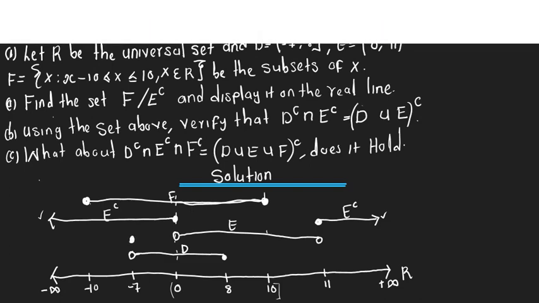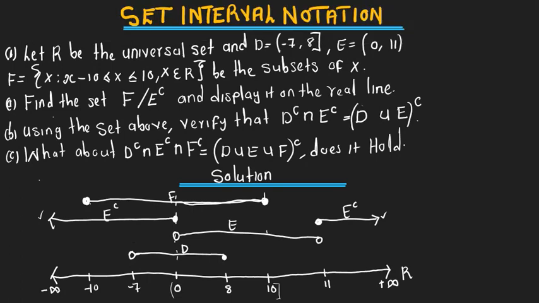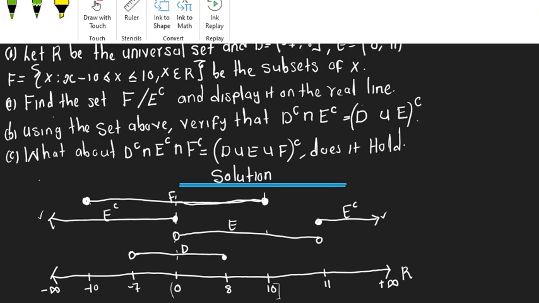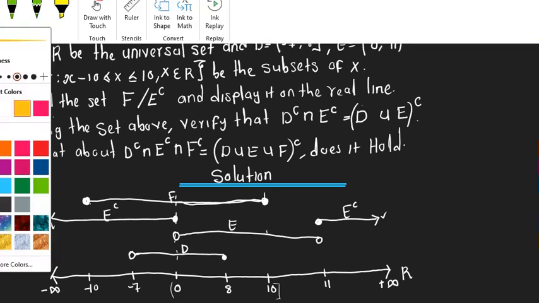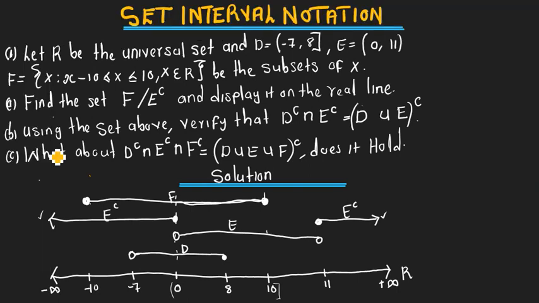Let me use another pen. Okay, so D complement is going to be a set from here up to this particular end. This becomes our D complement. Then here we have an open circle all the way to negative infinity.